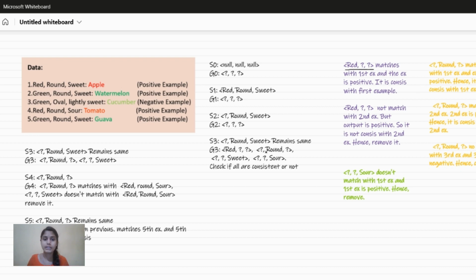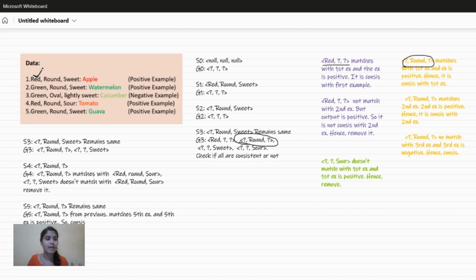Now for the second one, question mark, round, and question mark. It matches with the first example. How? The question mark includes all colors, red, green, all. Round matched. The question mark includes all tastes.